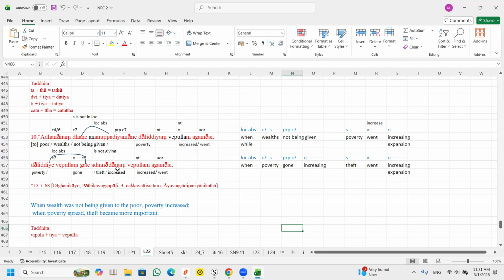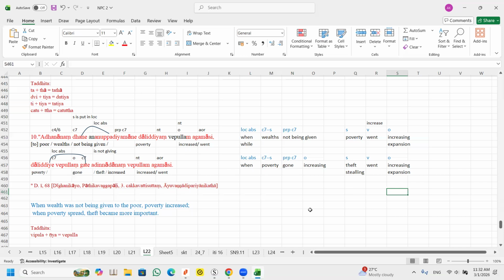So it literally means stealing, theft. You can say stealing, because always you learn stealing. Can you see agamasi when increasing? That means theft increases. You can say theft increases, but theft expansion. This is the whole line of translation.